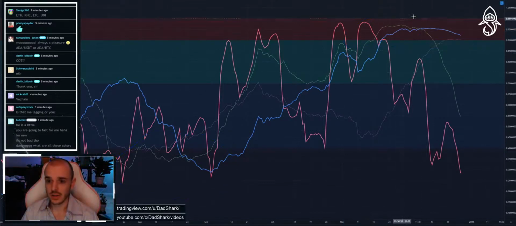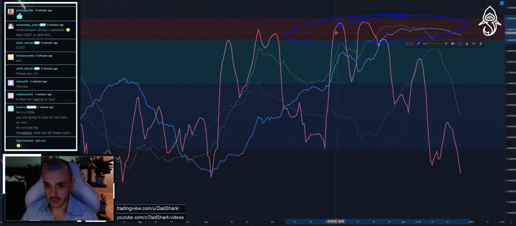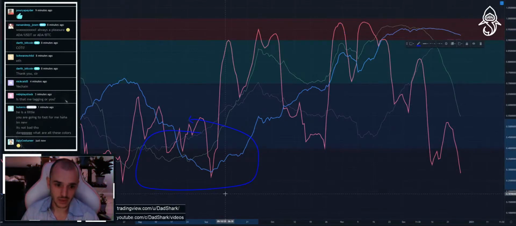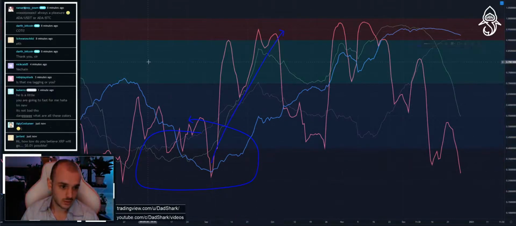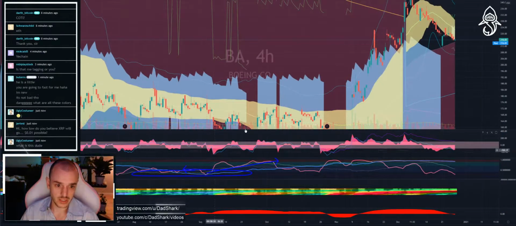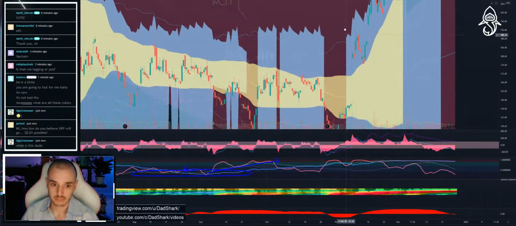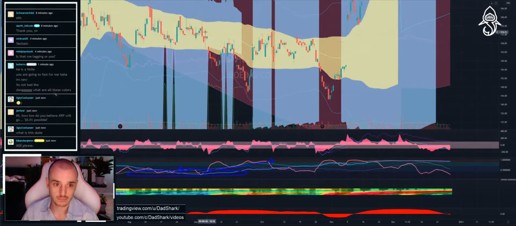If you are exhausted, you are going to go sideways. If you have potential energy, whichever way it breaks out, you're going to get trend. So did we trend right here? Briefly. We saw a move that was 15% to the downside. That is a solid move for compression. And that's just in tandem with whichever way the CCI is weighted.